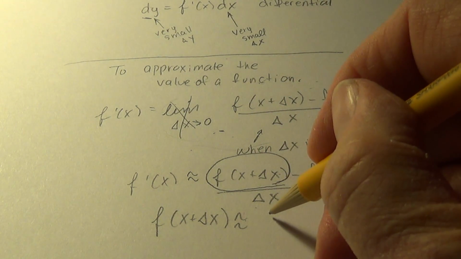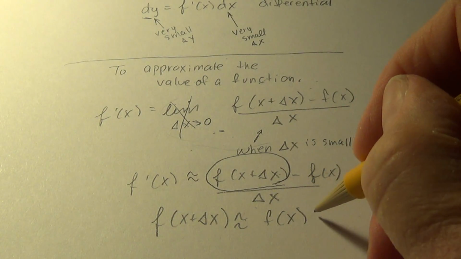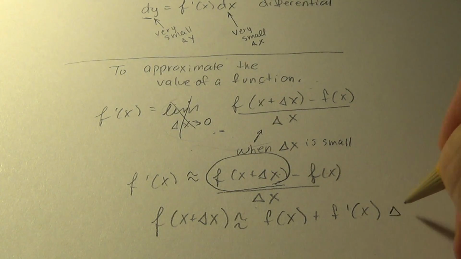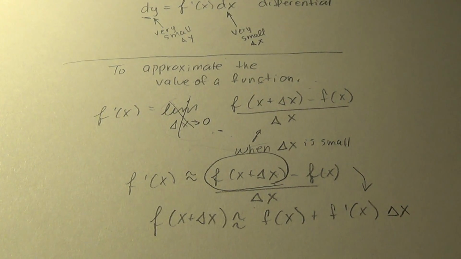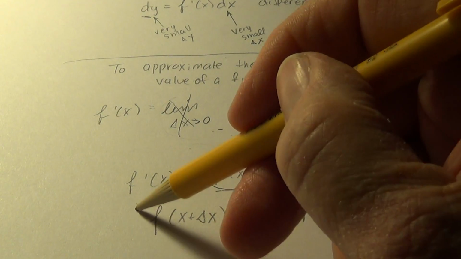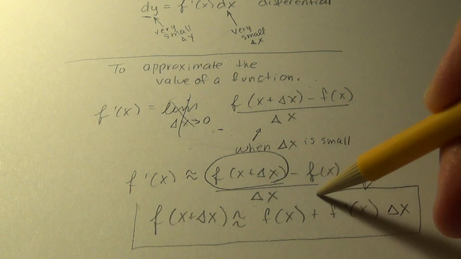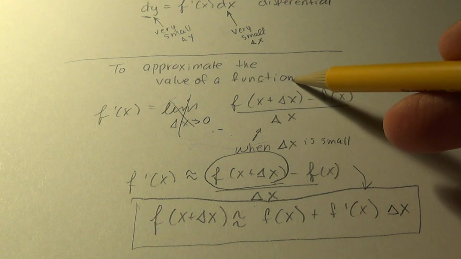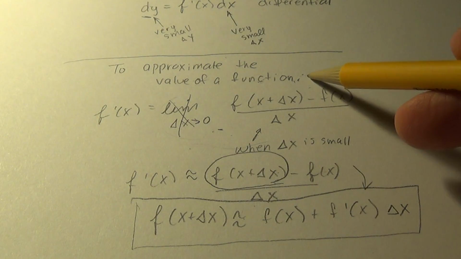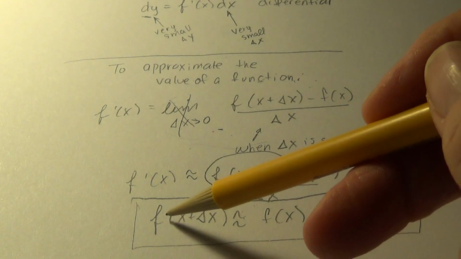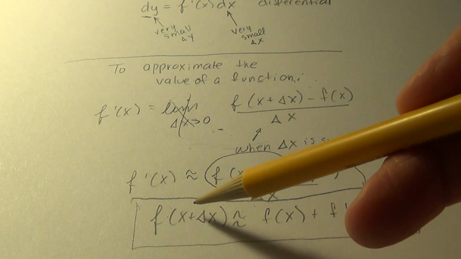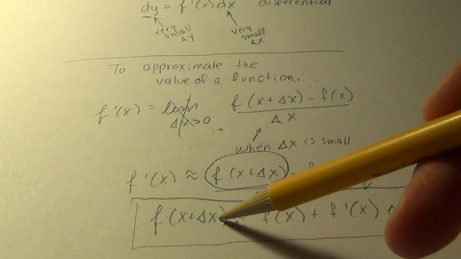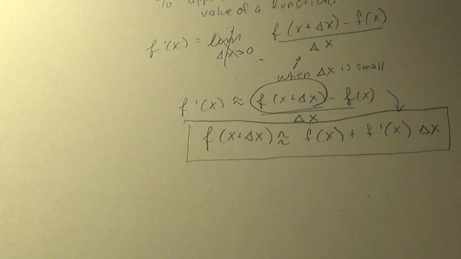So it'll turn out to be f of x plus f prime of x times change in x. Algebraically, this can be rewritten as this, and you can verify that. That is going to be used to approximate the value of a function when we know f of x, but we don't know f of x plus change in x, when change in x is small. It makes more sense when you see one.